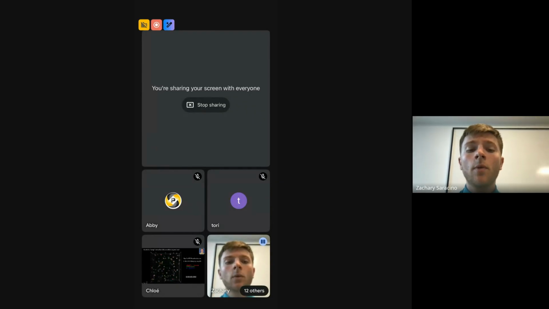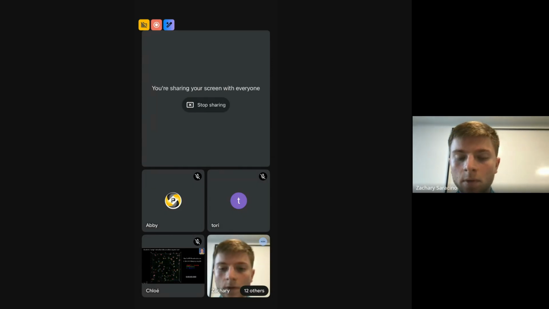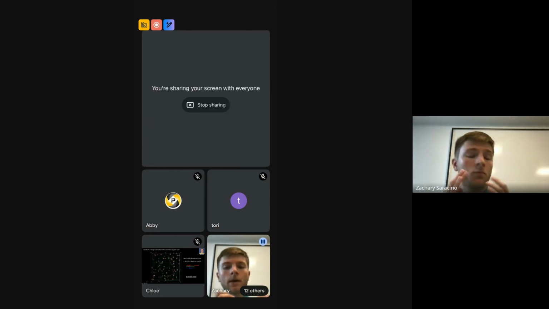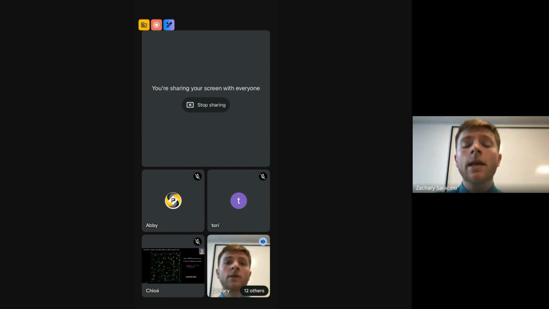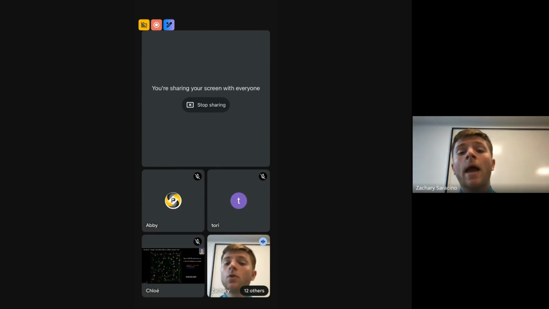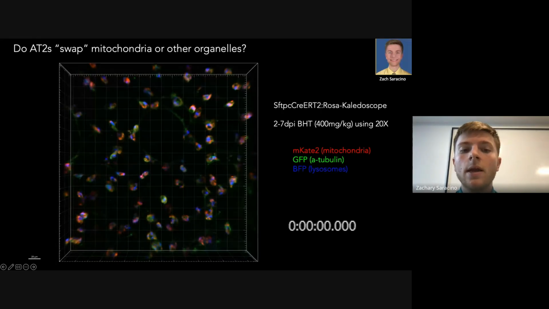And what's really cool about this is you have the mitochondria that are represented in red and are expressing MK2. You also have the alpha tubulin that is expressing GFP and represented in green. And then you also have the lysosomes being represented by BFP in blue.